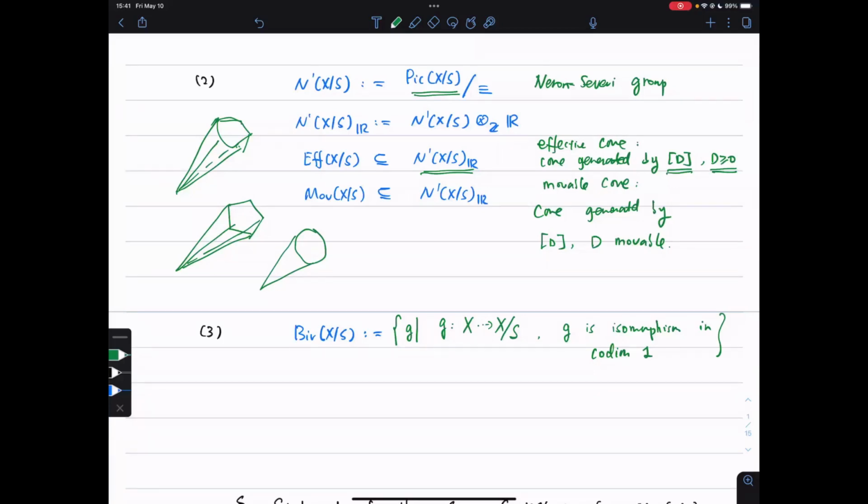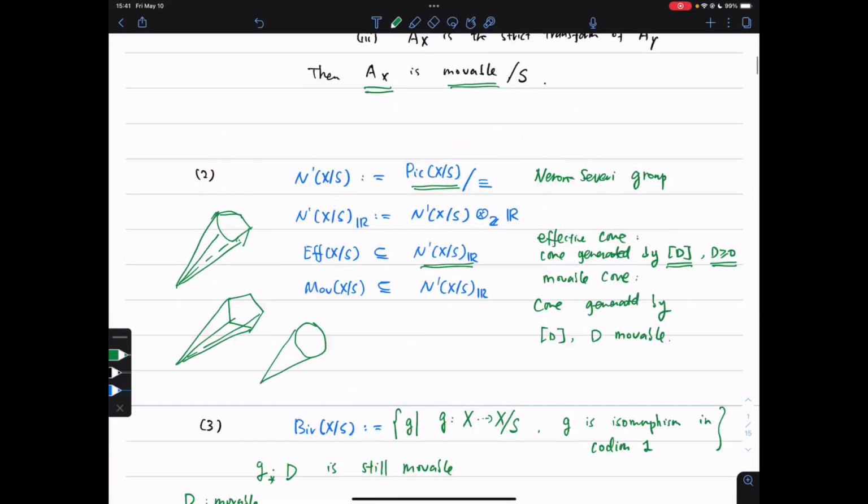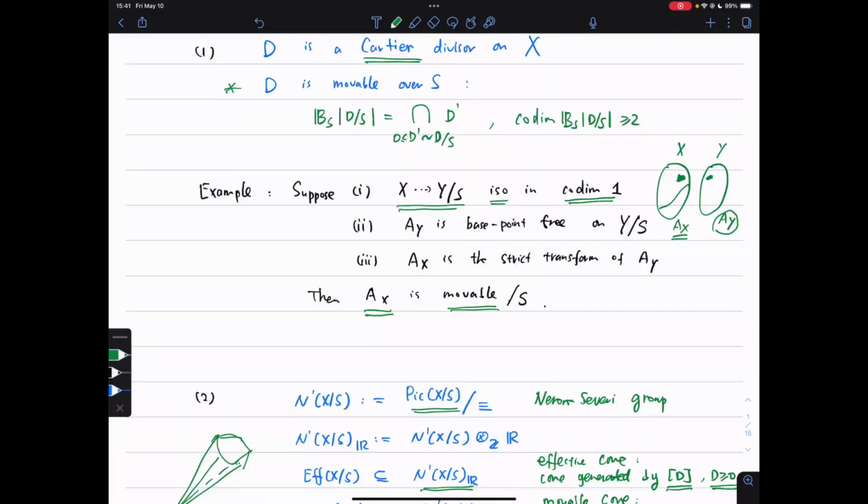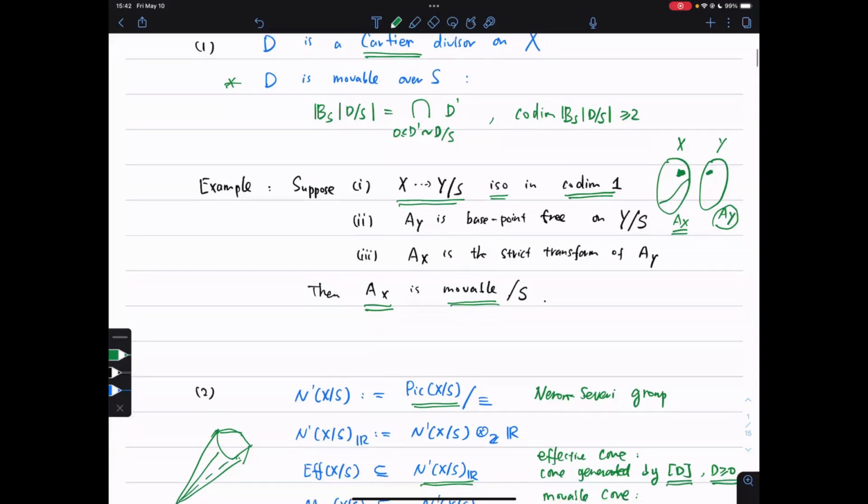The reason we require it is the following. If we have an isomorphism in codimension 1, and if D is a movable divisor, then we take the strict transform of D, and it is still movable. Well, this is our previous example, right? If you have a variety with an isomorphism in codimension 1, you have a movable divisor and the strict transform would be movable.